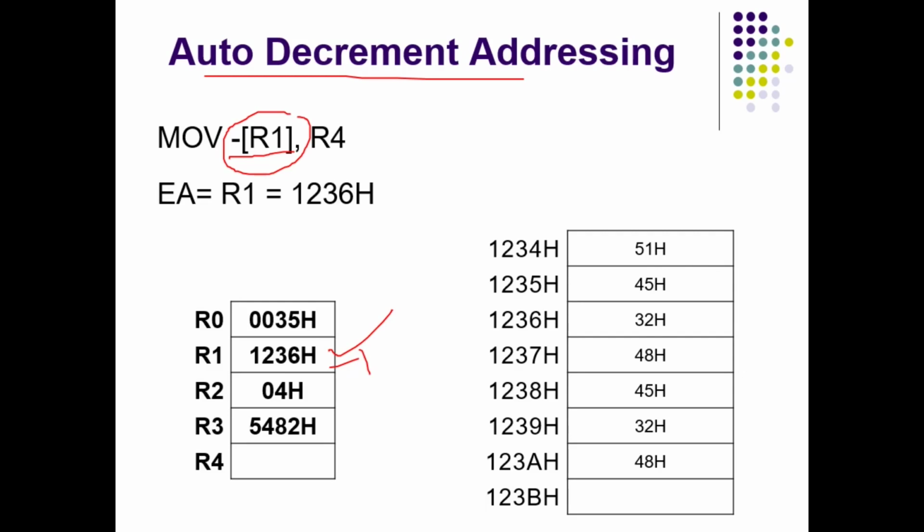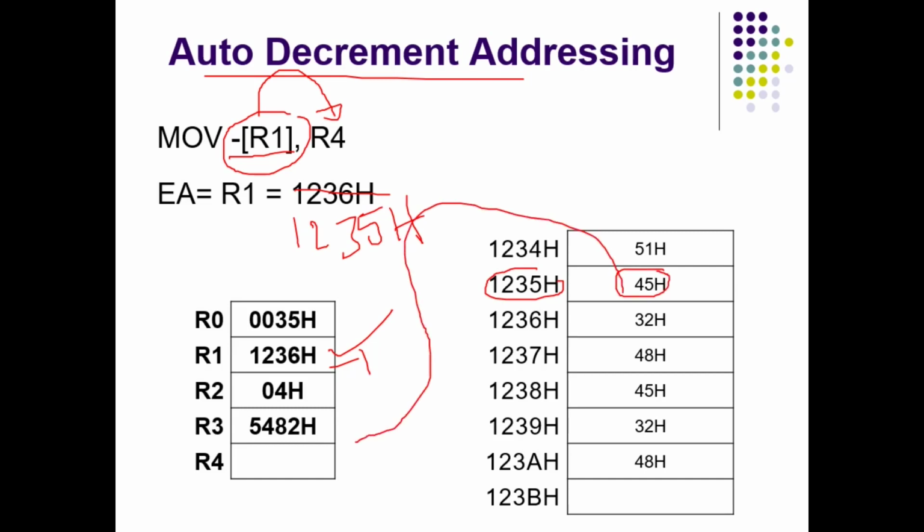Now it becomes 1235H, so the effective address is now 1235H. This effective address we use as the source operand and transfer data to R4. The data at 1235H is 45H, and that is transferred to R4. So this is how it works.